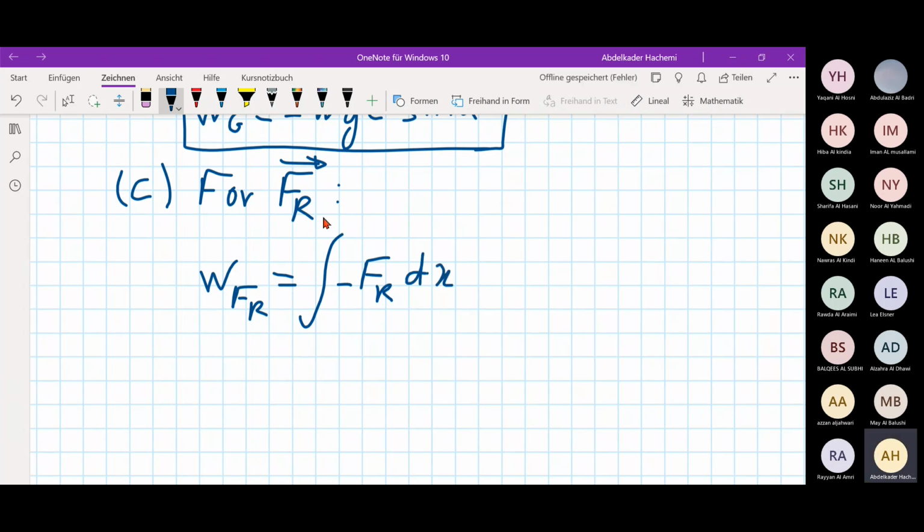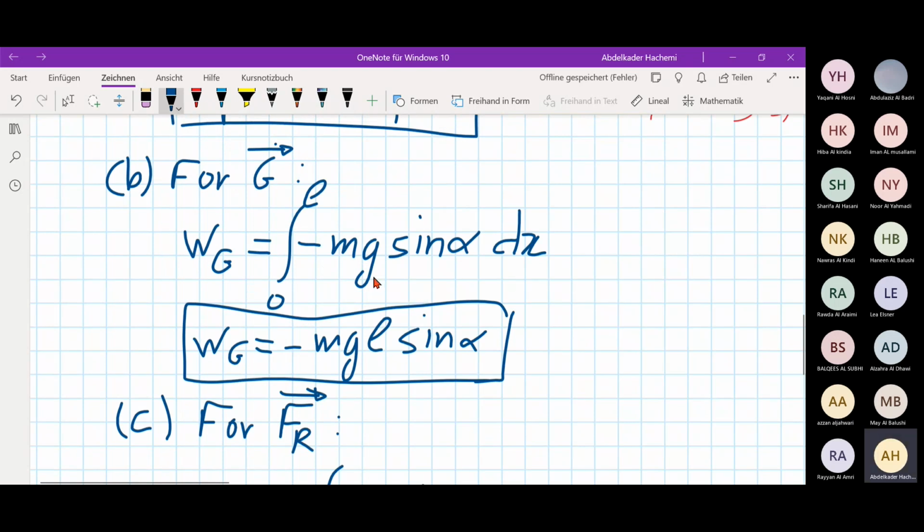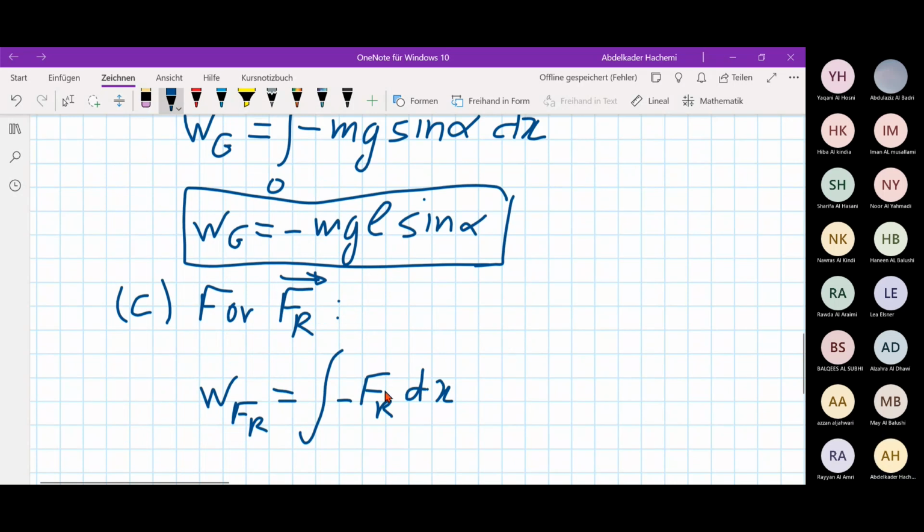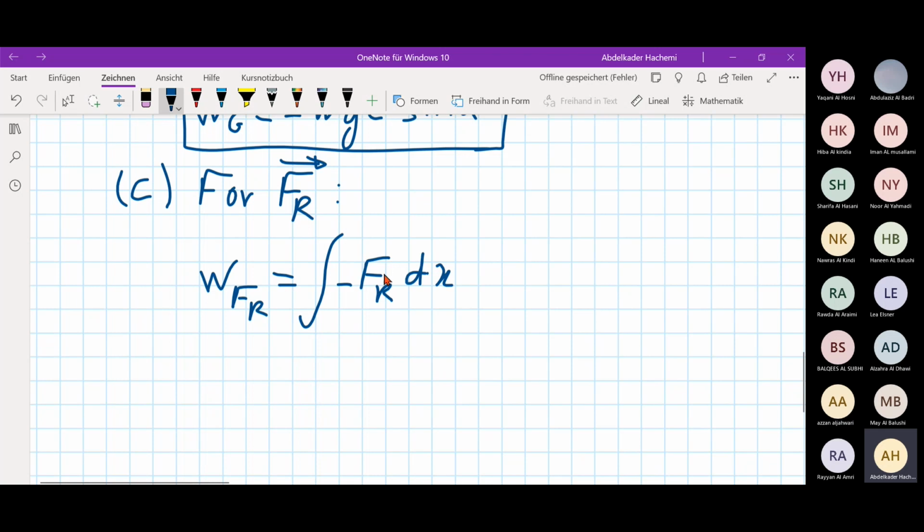It's the same principle for dx as for the weight. Fr tries to stop the mass from moving. In this case it's against the motion, then it should be negative. And the integration also is from 0 to L. Then we will get minus Fr multiplied by L.